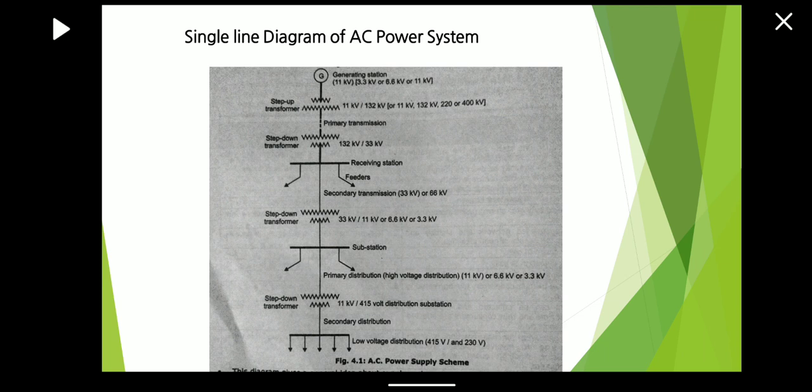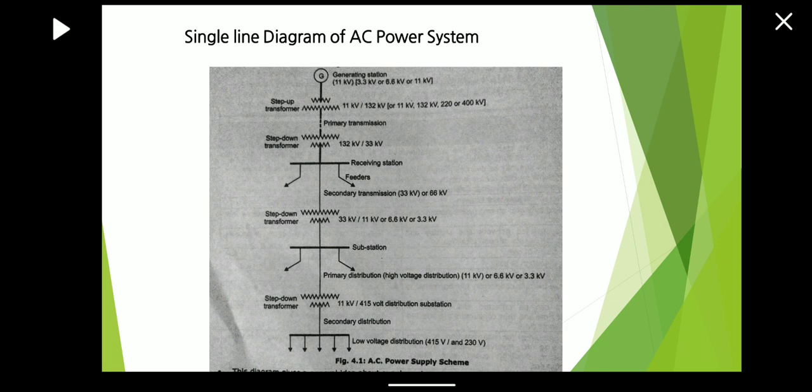Then secondary distribution. The distribution stations are located at the consumer premises where the voltage at 11 kV is stepped down to 415 volt 3 phase 4 wire for secondary distribution.